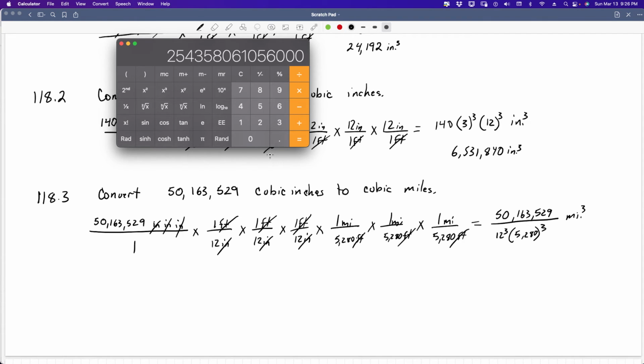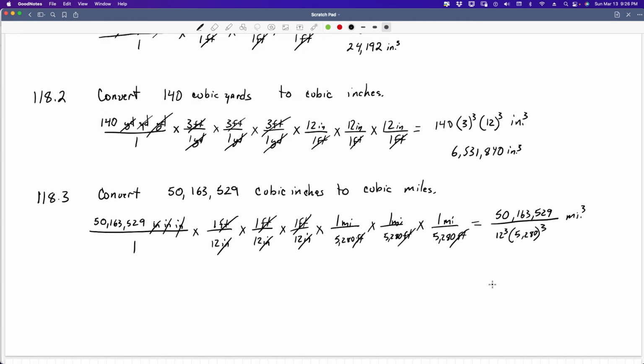If you don't want to have to remember that number and write it down, then you could just leave it like this and it'd be perfectly right. I'm going to write it down on a piece of paper so I will remember it, so I could write it on the screen. 254,358,061,056,000.